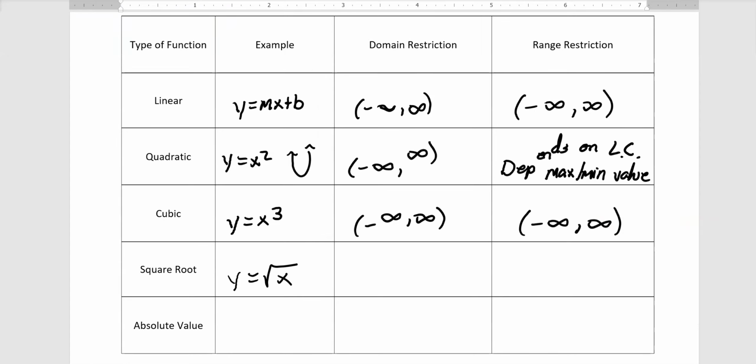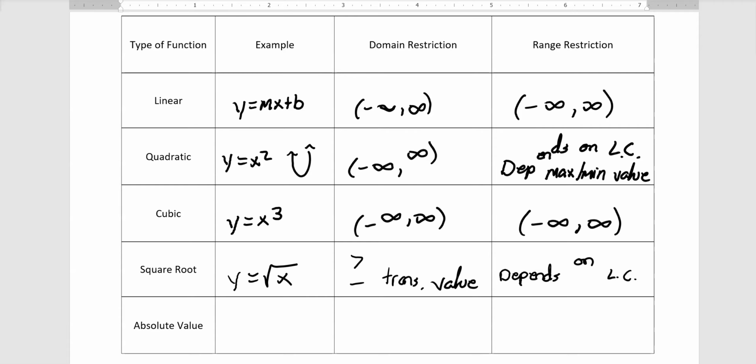So back to our table, the domain restriction is we are going to have x greater than or equal to the transformation value. Now our range is going to be a little different because it depends on the leading coefficient, if there's a negative, and on the transformation value.